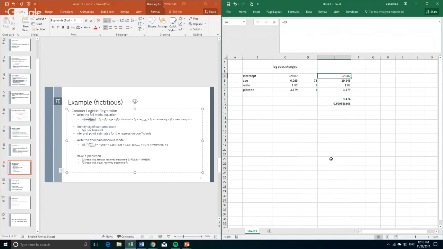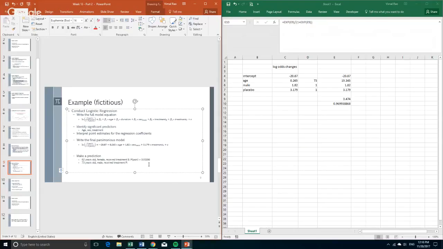So we have the intercept, age times how old they are, right? 0.265 times age plus 1.82 times yes, they are male, times 3.17 times yes, they did receive the placebo. So we add all of them up, including the intercept, we get 3.474. E to 3.474 divided by 1 plus e to 3.474 is 0.9699.